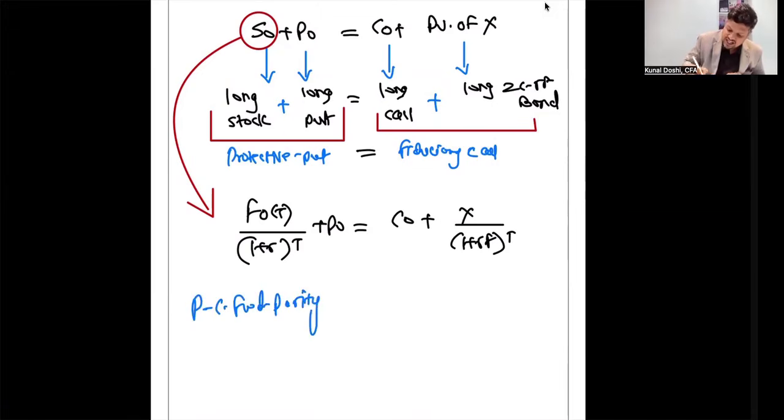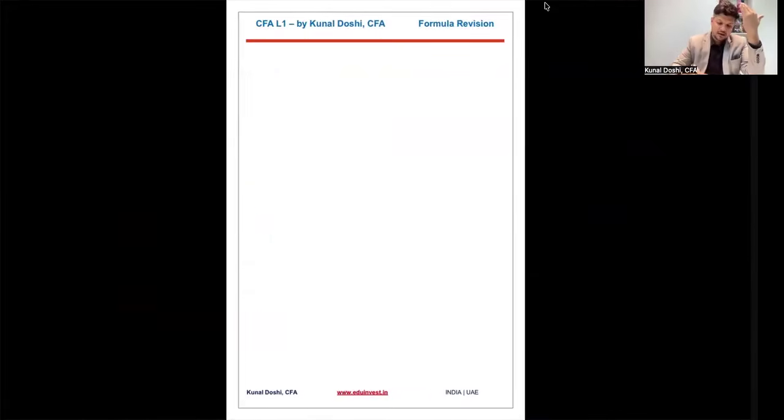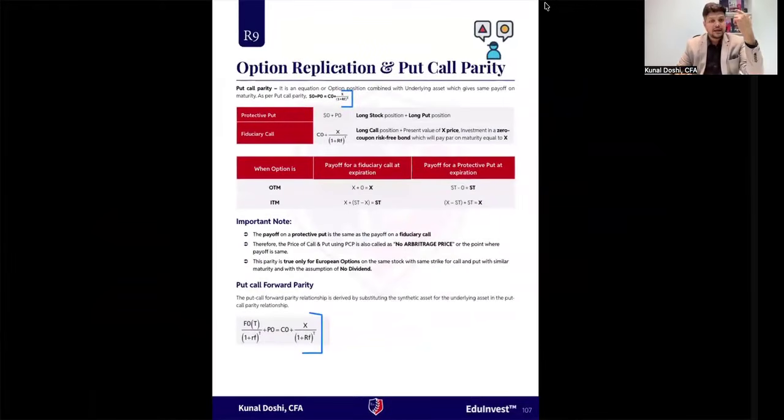Okay, so there's just a change in name: put call parity and put call forward parity. I just replace the underlying asset with the present value of forward. So easy, right? Everyone? Think of it this way. Clear? Check, confirm. Right? This is the formula that you should know.